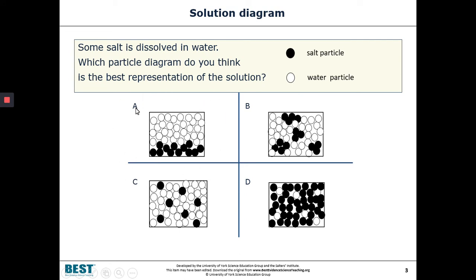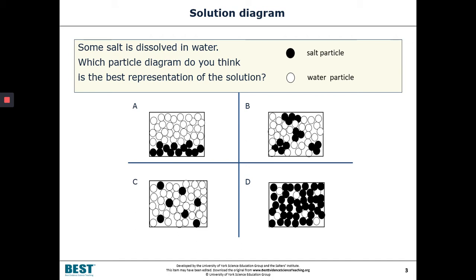So they're thinking about what they observe, and perhaps they're thinking that the salt becomes a liquid and colourless like water. Students might choose option B if they think that the salt breaks up, but they're not thinking about it breaking into individual particles. This might be a more appropriate diagram for a suspension, although obviously in a suspension the fragments of solids contain a lot more particles than there are here.